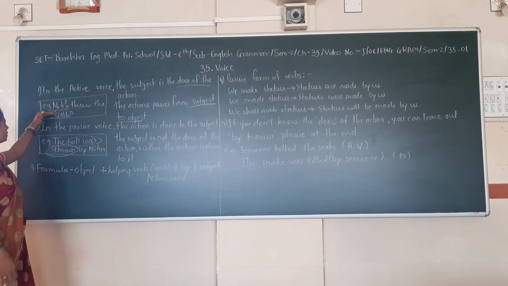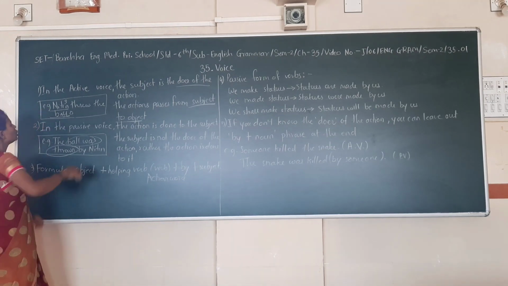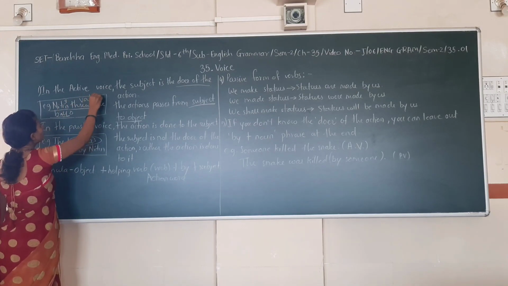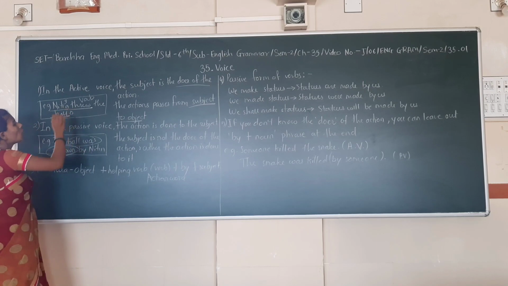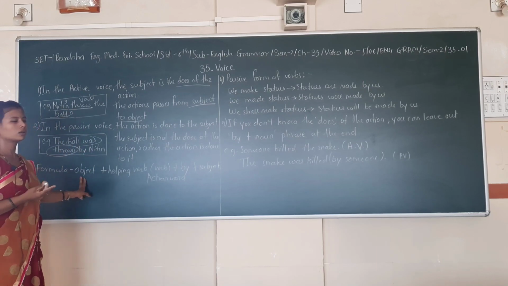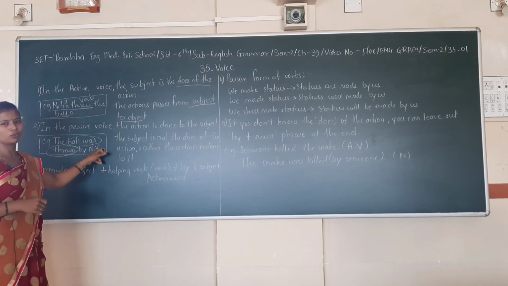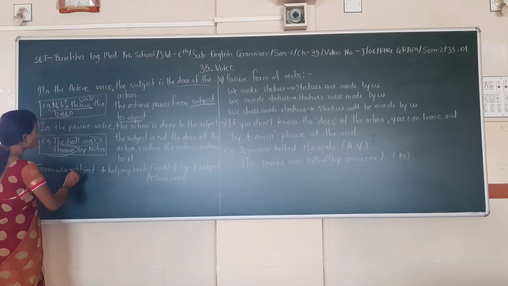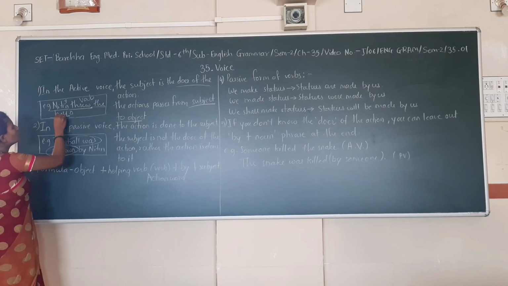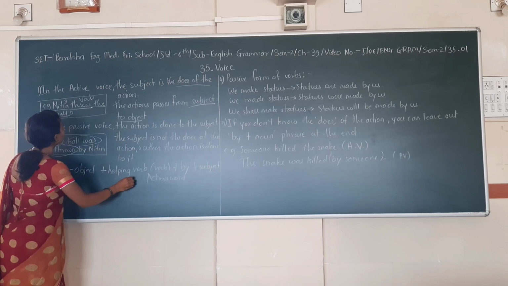Let's take this example. In this sentence, Nitin is your subject, threw is your verb and the ball is your object. So what does the formula say? What do you have to use to convert the active voice into passive voice? First you have to use the object. What is the object in this sentence? The ball. So first you use the ball, then the helping verb.